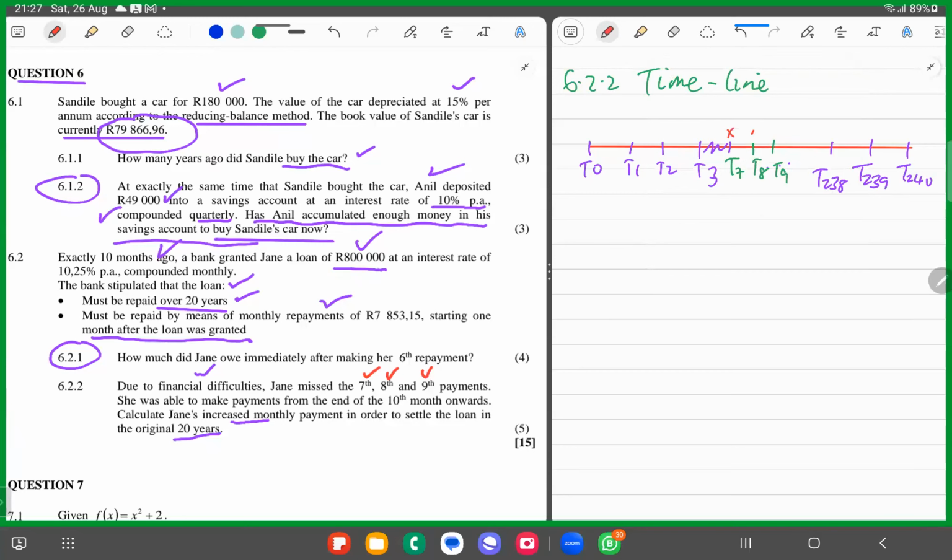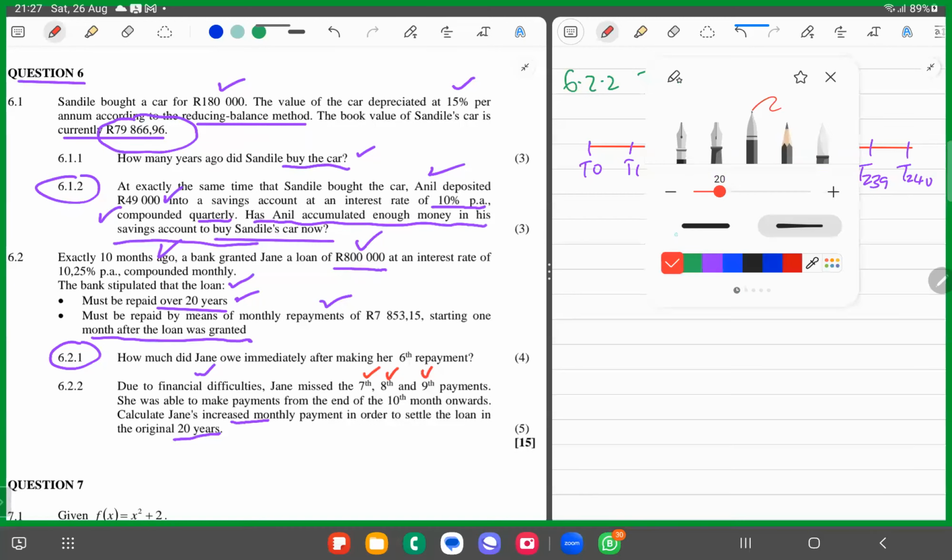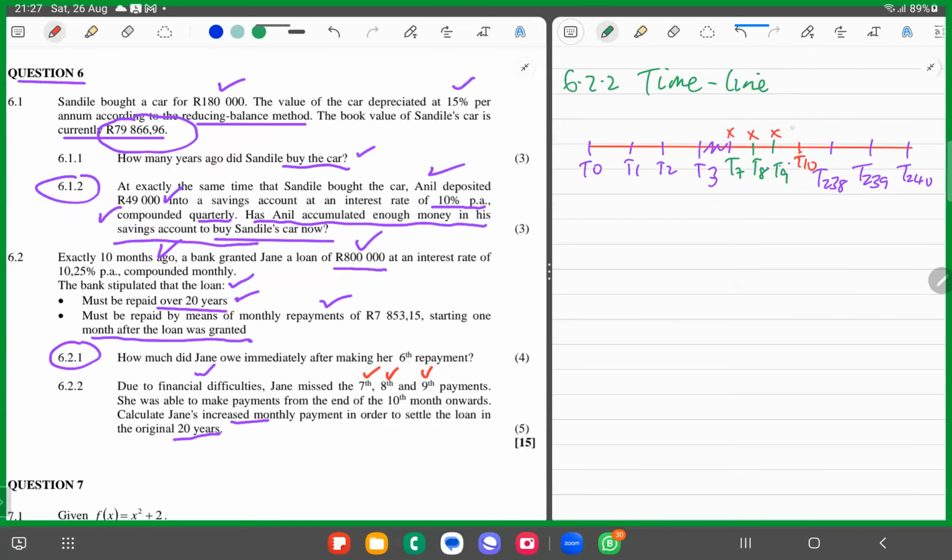No payment, no payment, no payment. She was able to make payments from the end of the 10th month. Now we have T10. Now T10 is beautiful and it's green. Now Jane is back in the good books of paying.